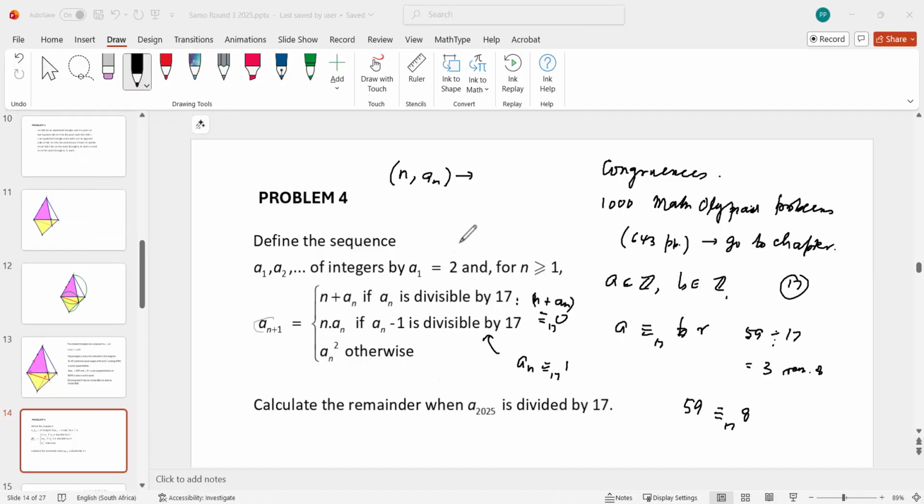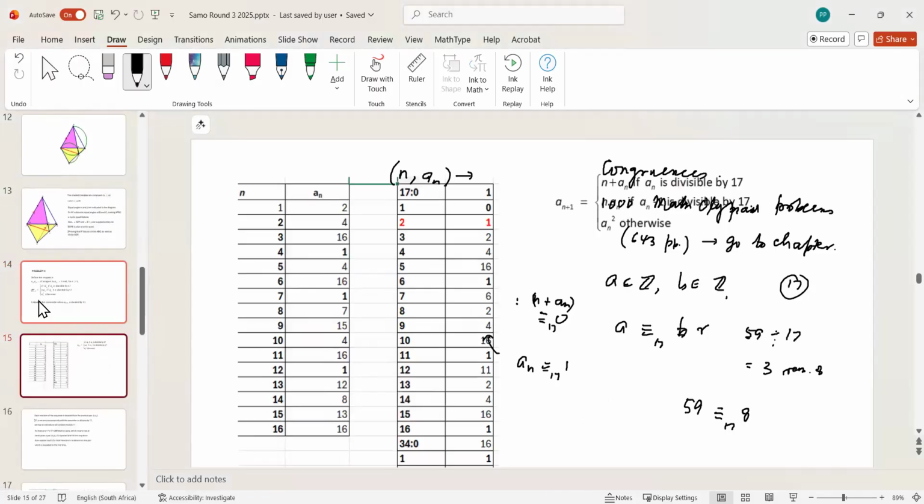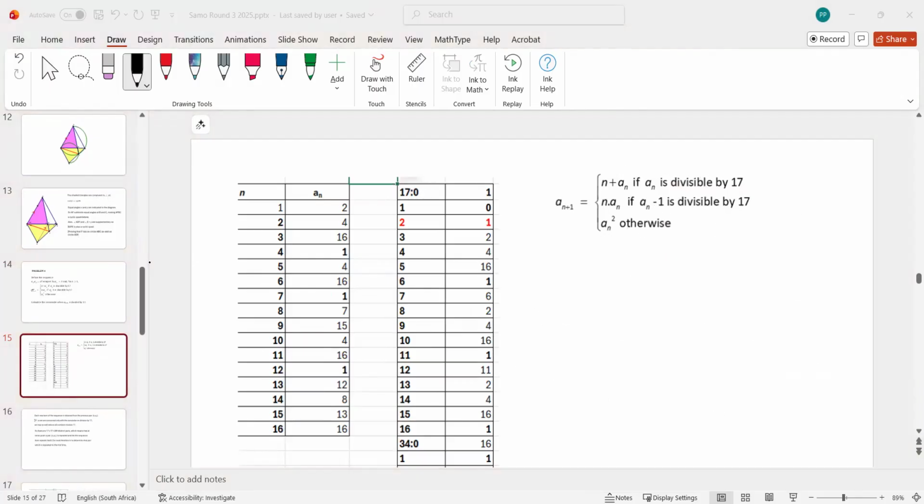another complicated sort of rule, but I've actually calculated this. So what we did here was, okay, so these are the three rules.